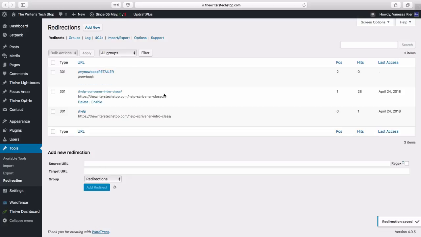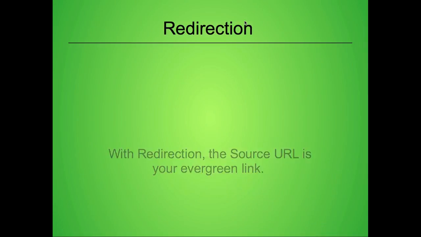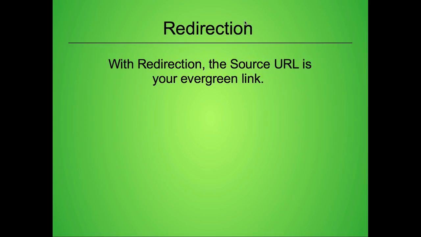And you can see that it puts it up there, and you can always tell what the source URL is because it's in blue. And then the redirected location is in black. Now, I know that can be a little confusing, so let's go over that again. With the redirection, the source URL is your Evergreen link.